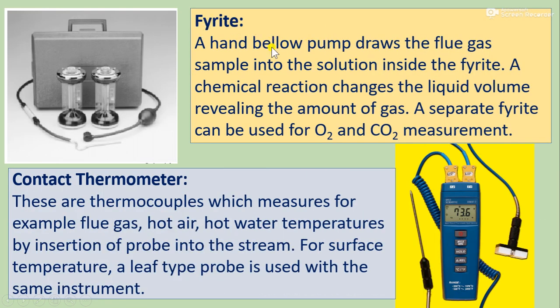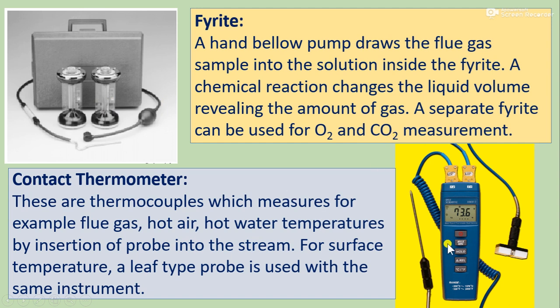Then the Fyrite. It is a hand bellows pump device which draws a flue gas sample into a solution inside the Fyrite. A chemical reaction takes place in this and it reveals the amount of gas. It is used to measure O2 and CO2 content.